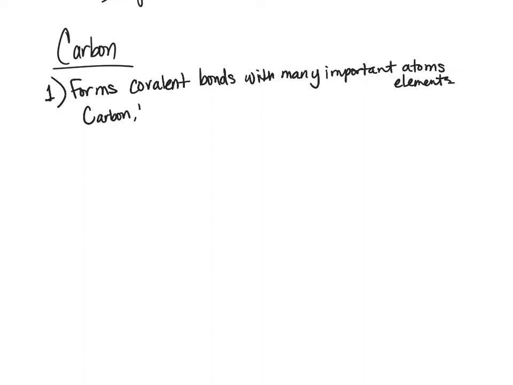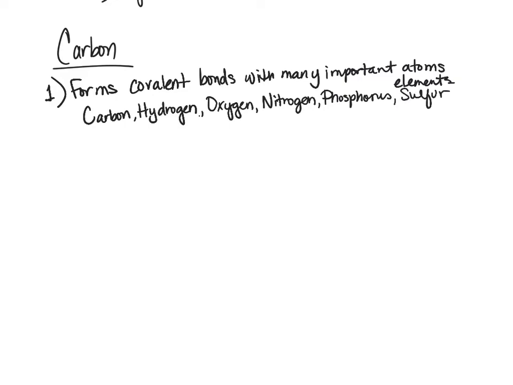It also forms bonds with hydrogens, oxygen, nitrogen, phosphorus, and sulfur. Remember, all of these make up the bulk of the weight of living things. So our CHONPS. These are our main elements that are very, very important, and carbon is able to form bonds with all of these different elements.